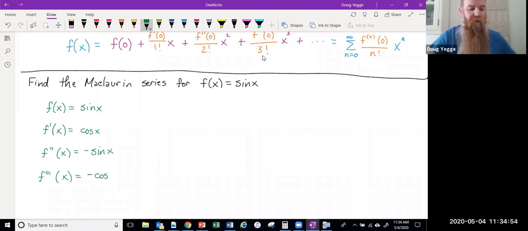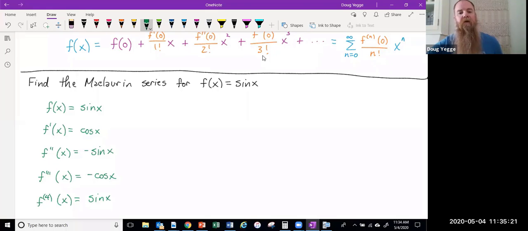The fourth derivative is sine x. Now, the reason I'm going to stop there is because you should notice that all derivatives are going to repeat themselves from that point on. Okay? And this is just a good rule of thumb. Go to 4 derivatives, and that should be able to take you to at least a fourth degree polynomial.